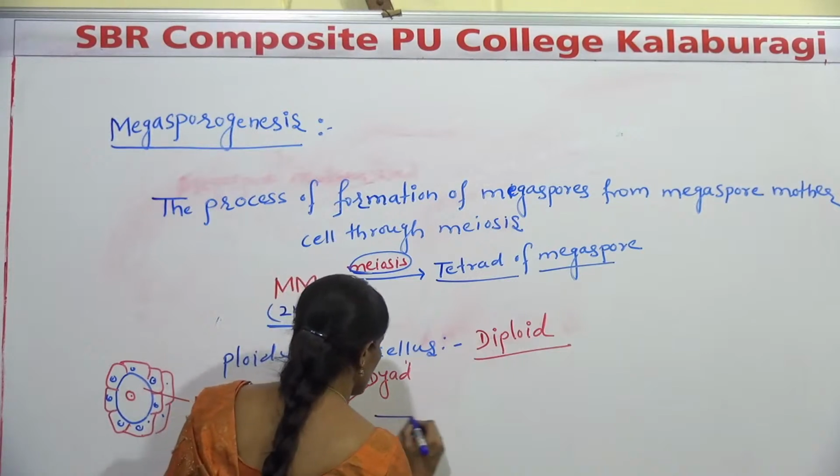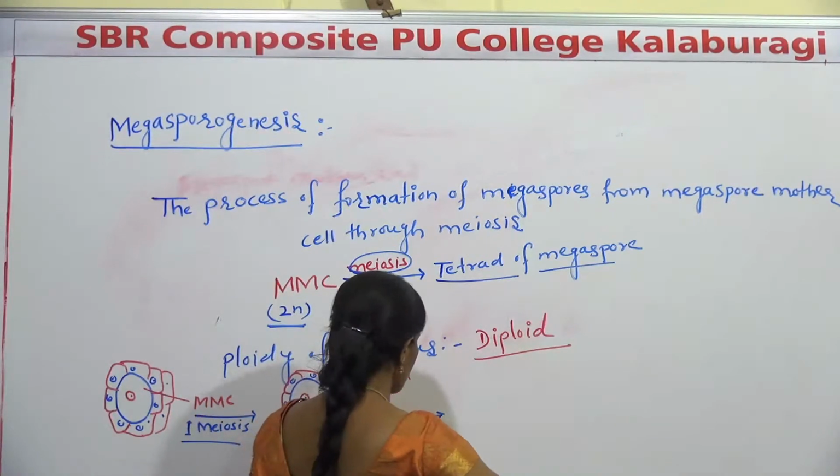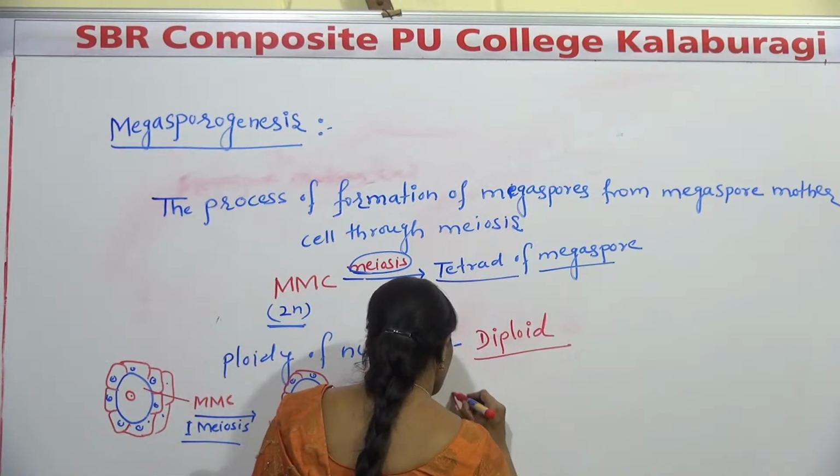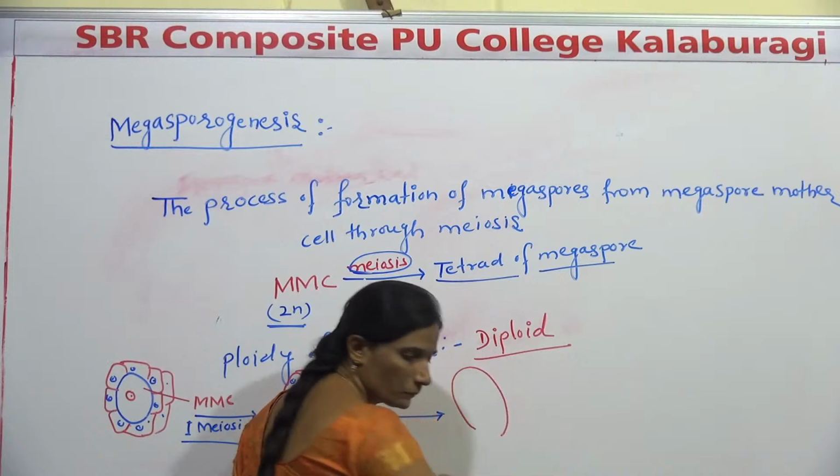In meiosis 2, how many megaspores are formed? 4 megaspores.